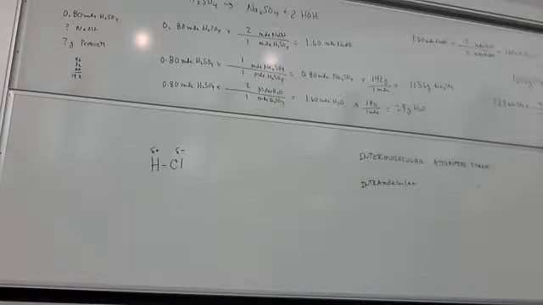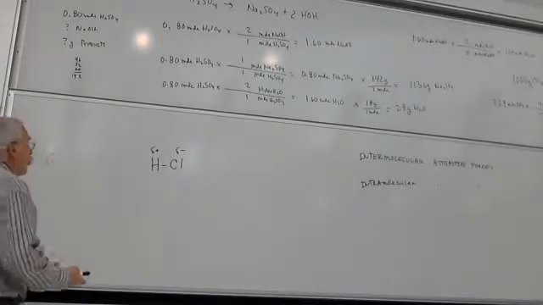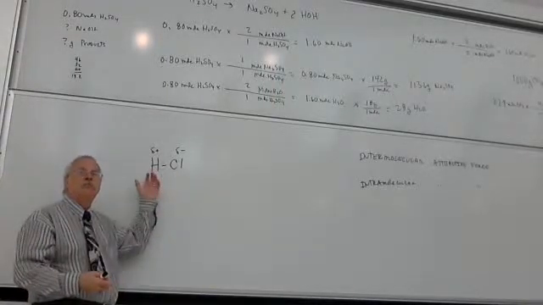Now we can view this in several ways. If you like thinking about the electron as a hardcore particle, a little BB for example, then we have to talk about time. The electrons are spending more time with the chlorine than they are with the hydrogen.